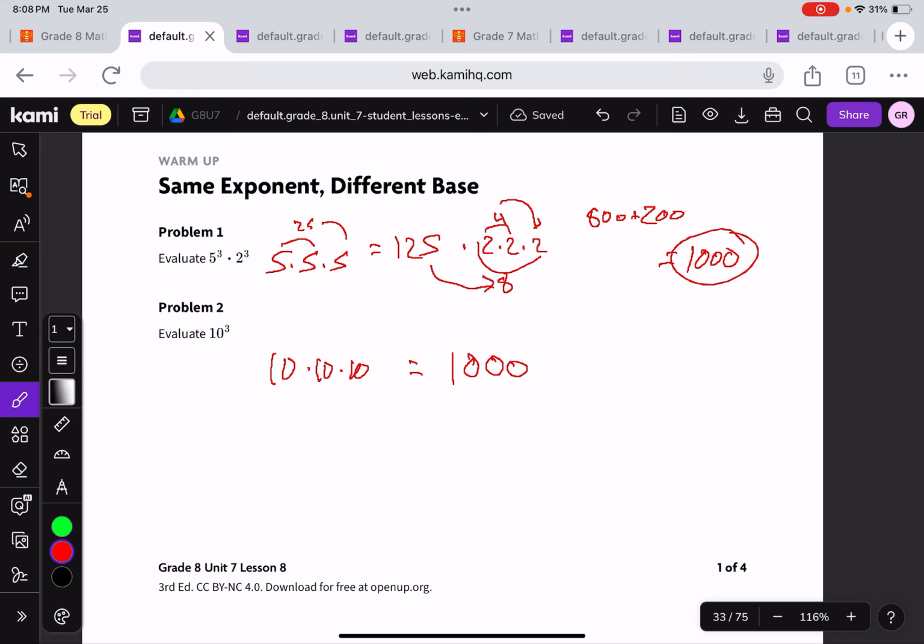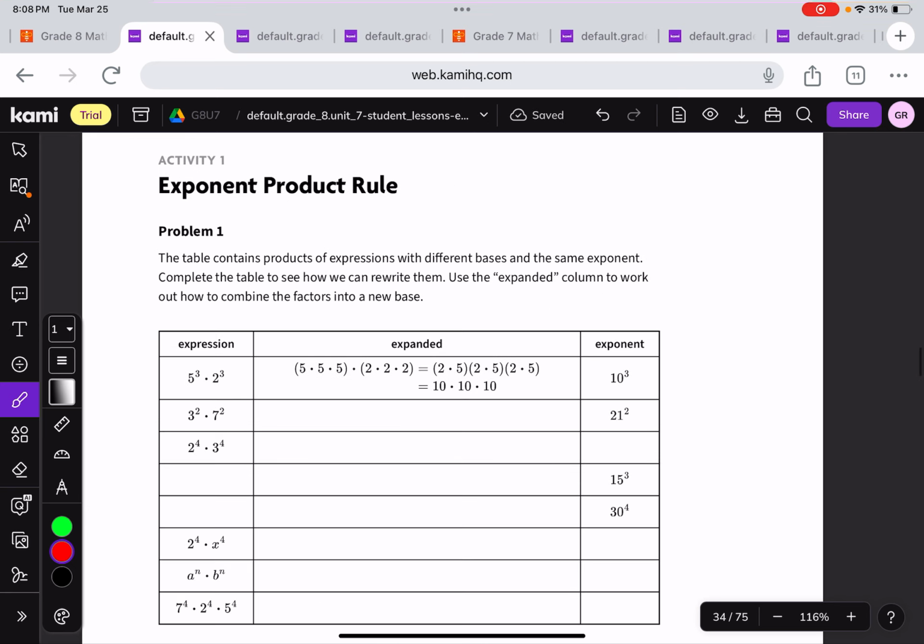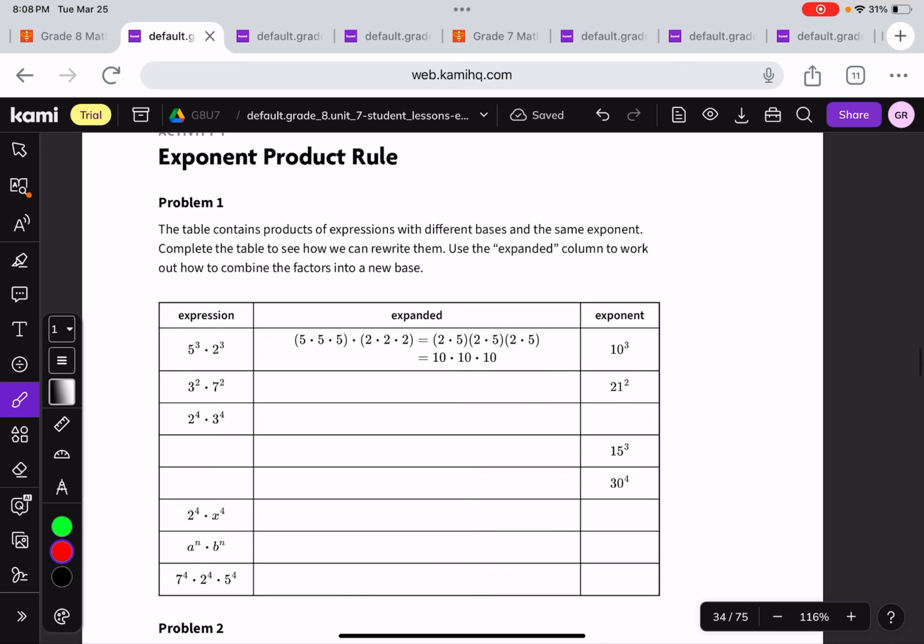That one, 5 to the 3rd times 2 to the 3rd, equaled 1,000. And 10 to the 3rd also equaled 1,000. If you look carefully here, you might see something very peculiar, which is pretty much the theme and moral of today's lesson. So let's go to activity 1 and fill out this table.